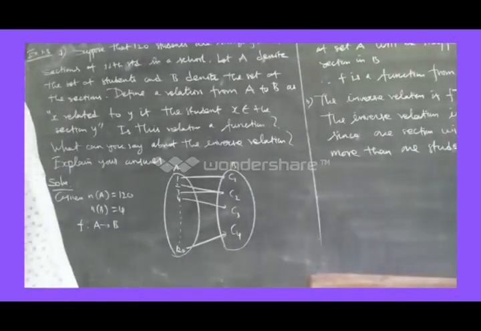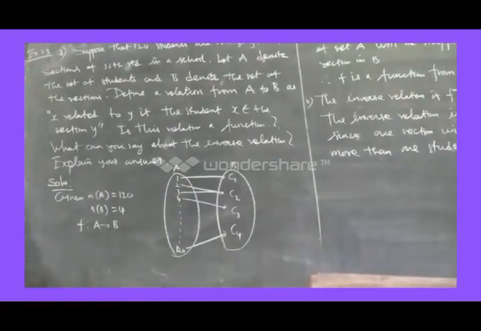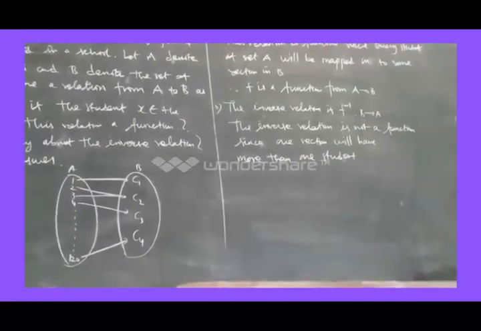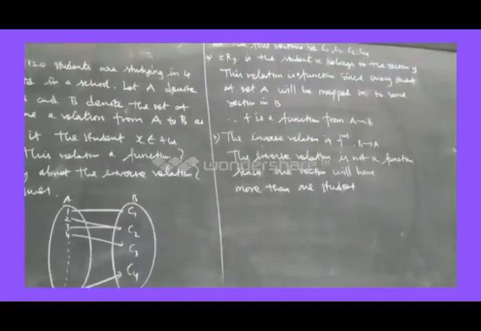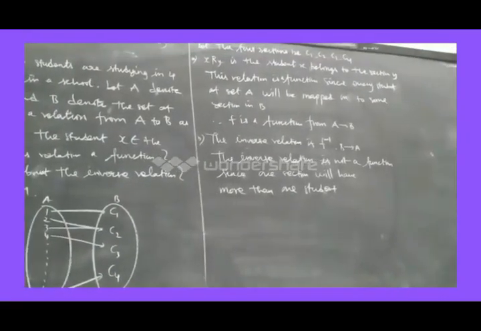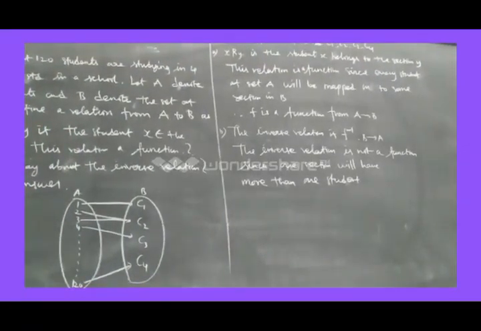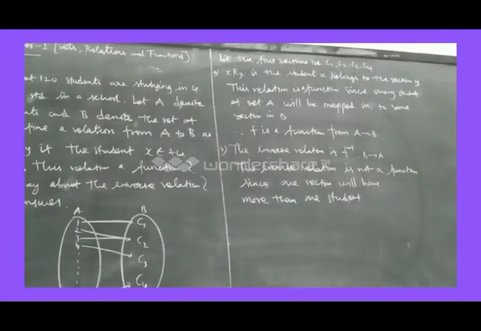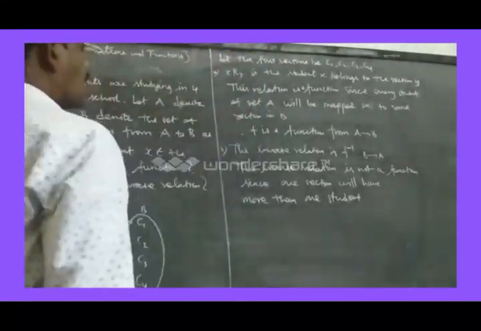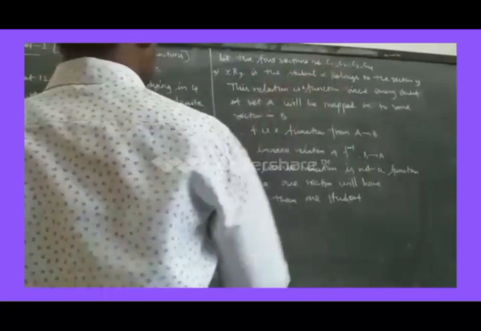Let the 4 sections be C1, C2, C3, C4 respectively. Case 1, x related to y if the student x belongs to the section y.